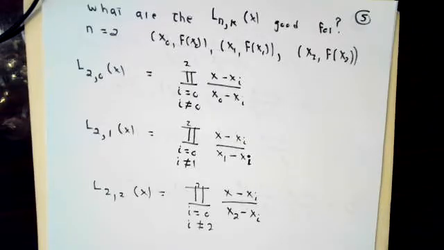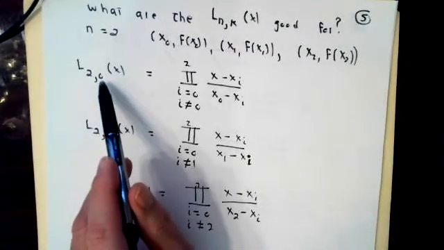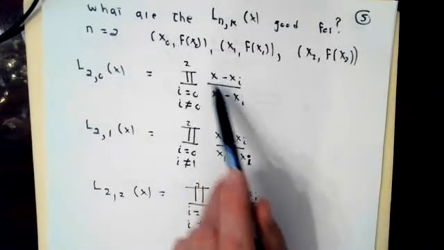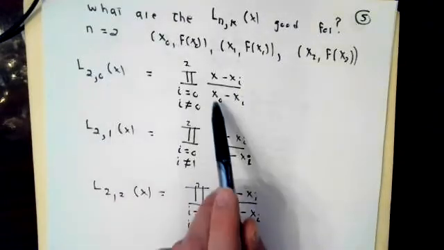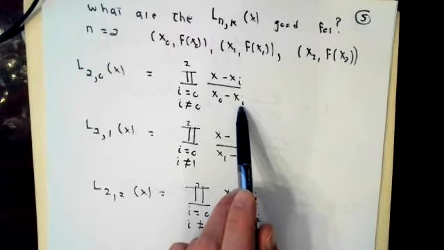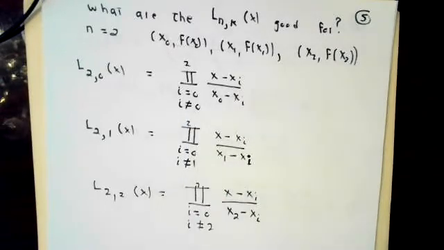Now, what's not obvious is what these things are good for. So in an effort to be transparent, I'm going to look at a specific situation where n is 2, meaning that the k can be anything from 0, 1, or 2 inclusive. And I want to write down these polynomials and see how they act. So L20 of x is the product of x minus xi over x0 minus xi, except I'm going to omit the one where i is 0.